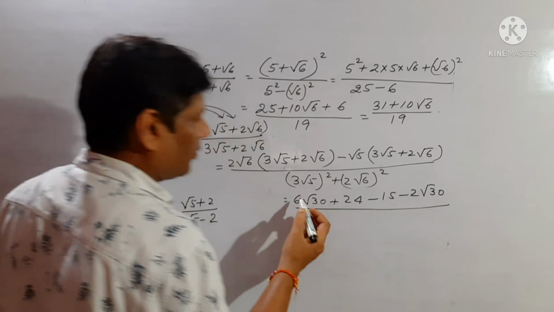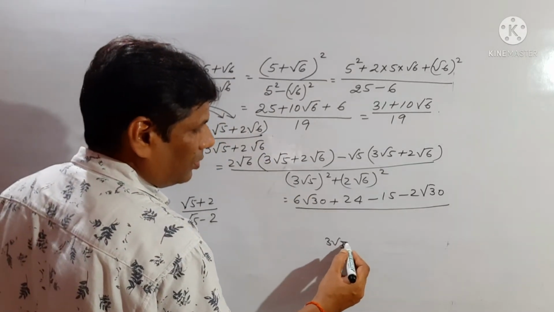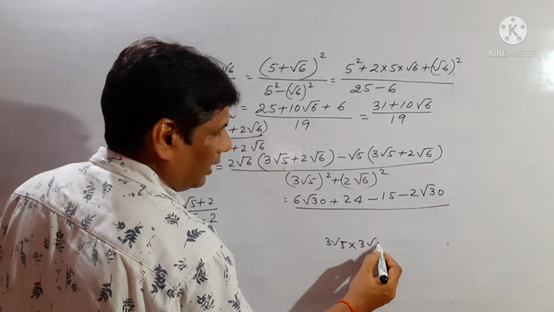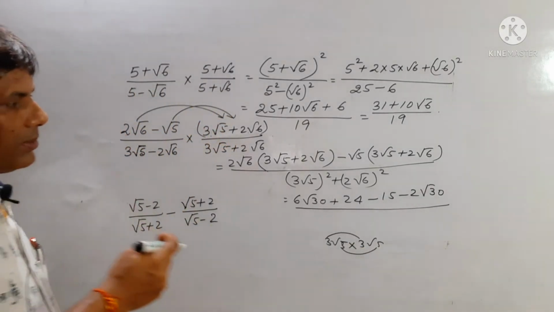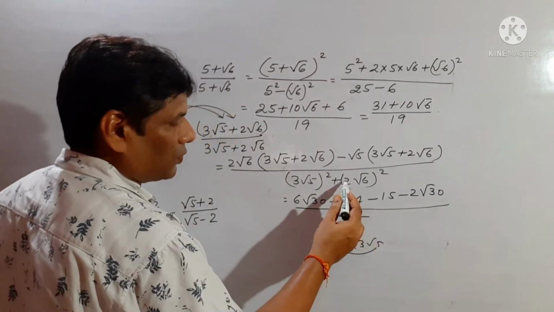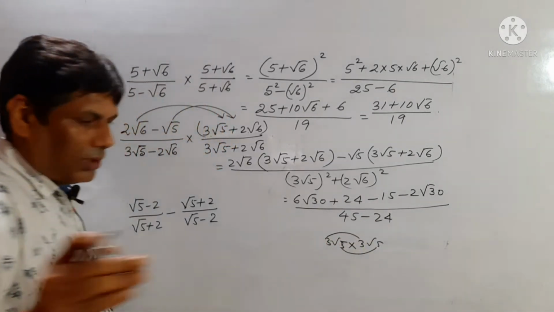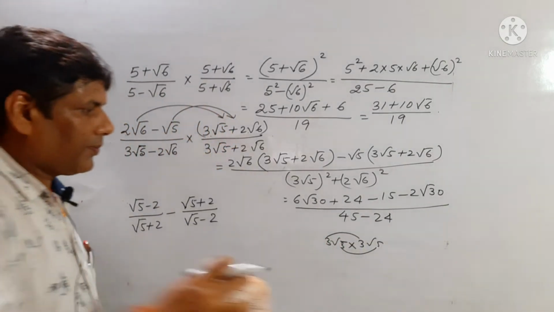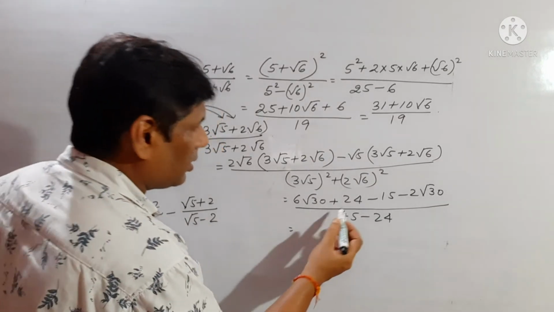And in the denominator we have 3 times 3 is 9, 3 root 5 into 3 root 5, 3 times 3 is 9, root 5 times 5, so 9 times 5 is 45, minus 2 square is 4, 4 times 6 is 24. So it becomes 24.